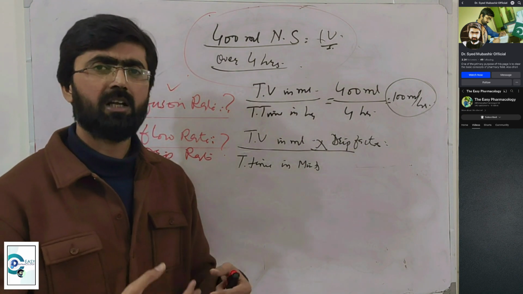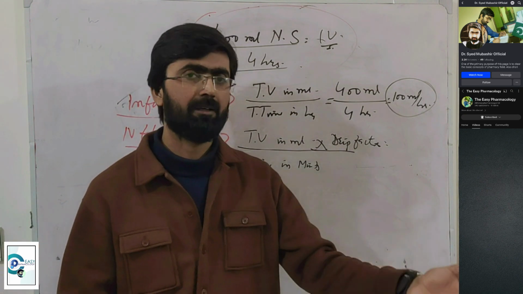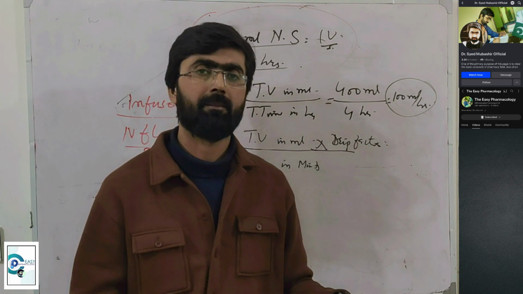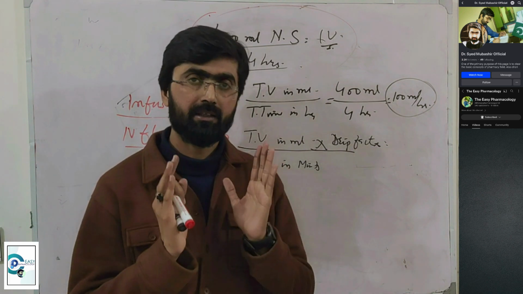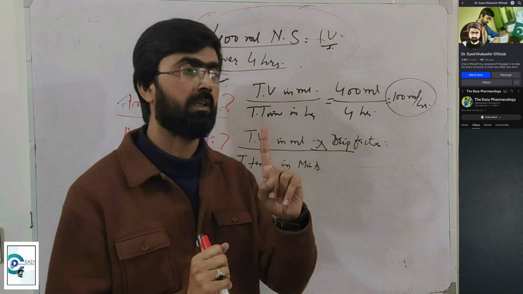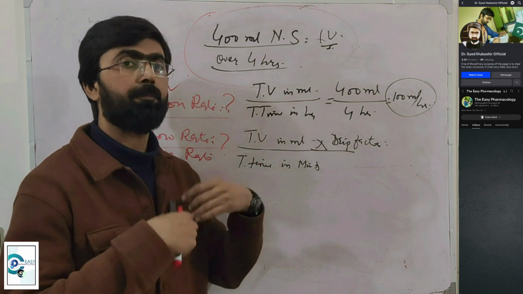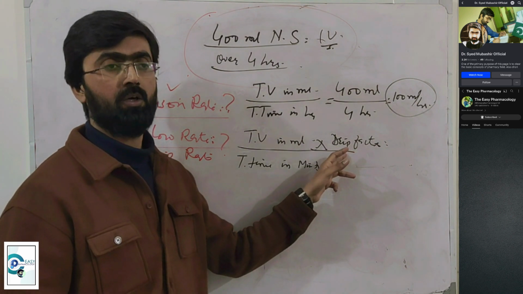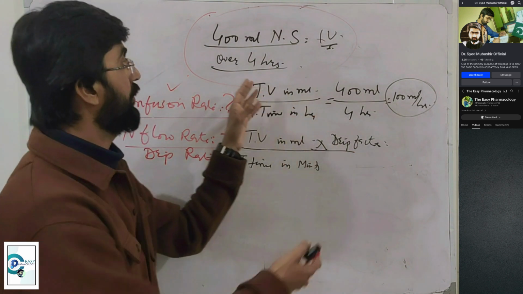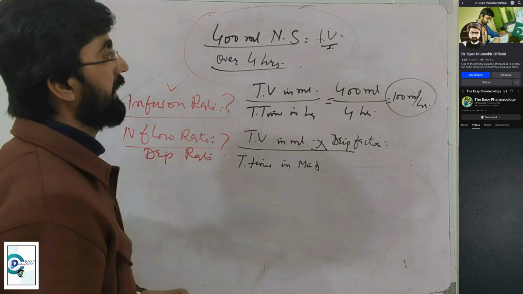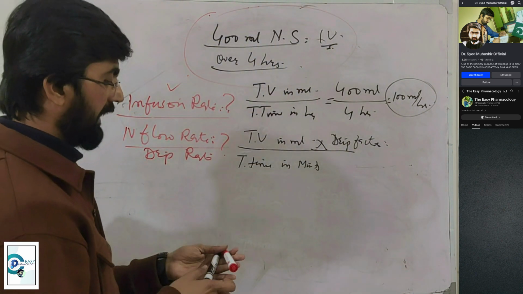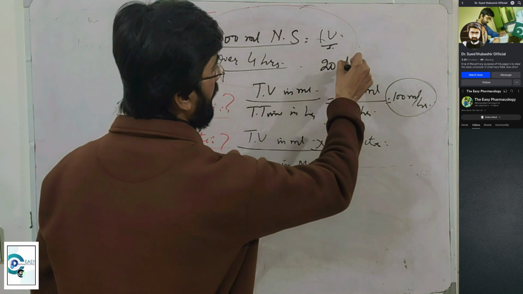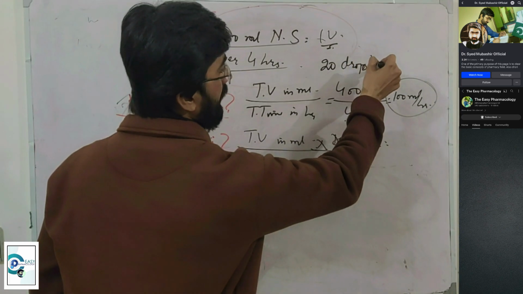The situation also matters: if there is a child patient, obviously we frequently use micro or macro, but there is a need to ask what value to put for the drop factor or drip factor. So for this exercise, let's suppose the drop factor is 20 drops per ml.